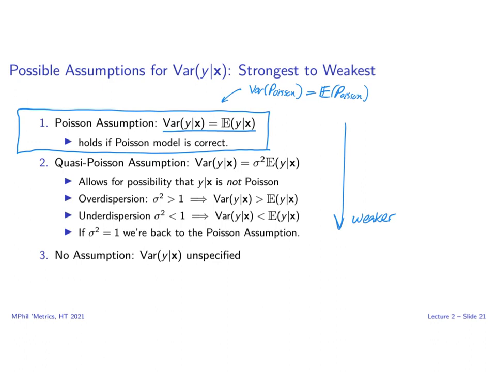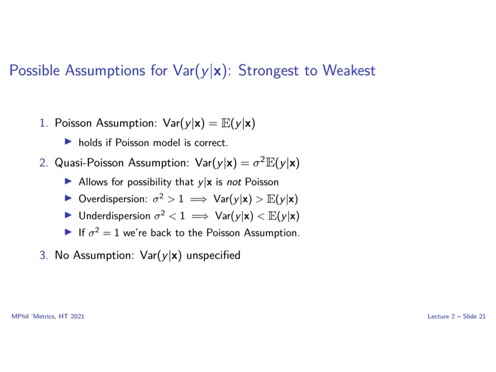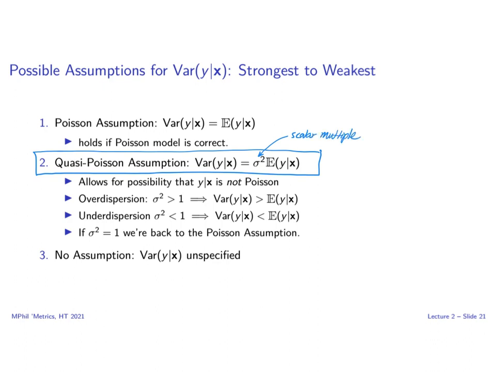A weaker assumption, which is much more plausible in practice, is called the quasi-Poisson assumption. This assumption says that the conditional variance of y given x is equal to a scalar multiple of the conditional mean of y given x. This allows for the possibility that y given x does not follow a Poisson distribution. When this constant sigma squared is greater than 1, a situation that we call over-dispersion, the conditional variance of y given x exceeds the conditional mean of y given x.